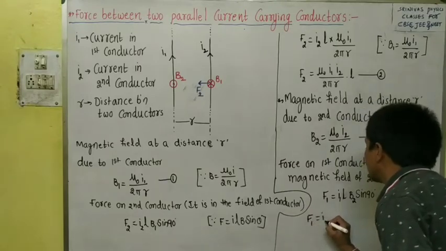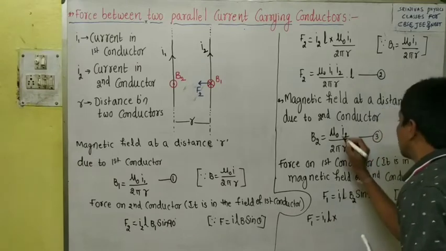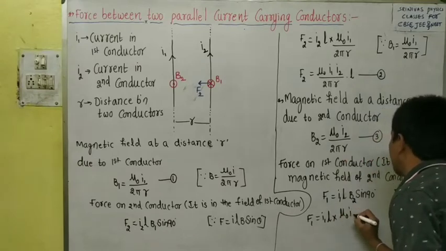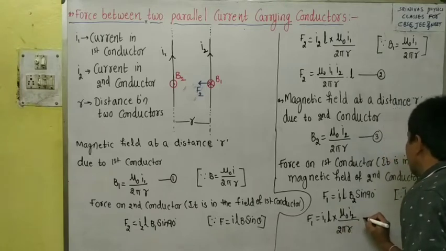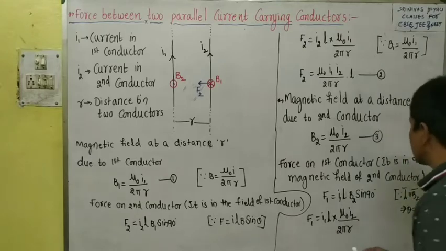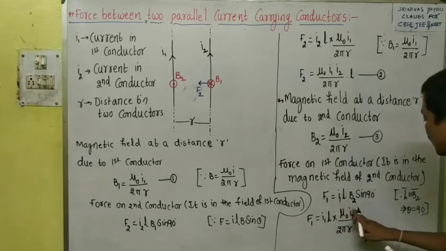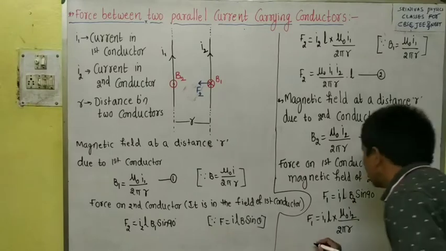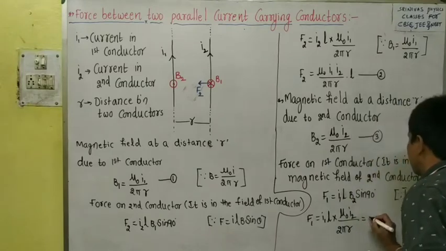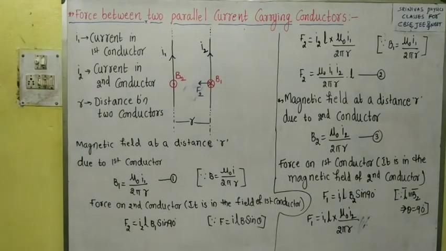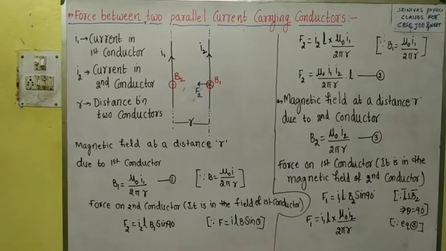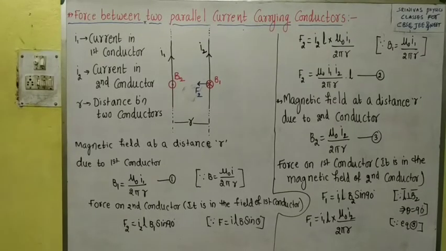F1 is equal, we will get as I1 L, B2 is mu naught I2 by 2 pi R into L. Now we have to simplify this, okay. I1 L, B2 formula I wrote it here. Let us see here.